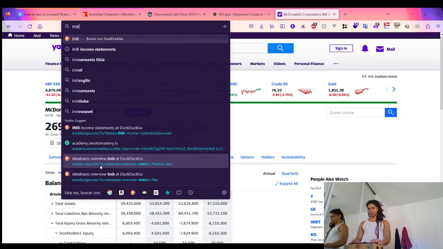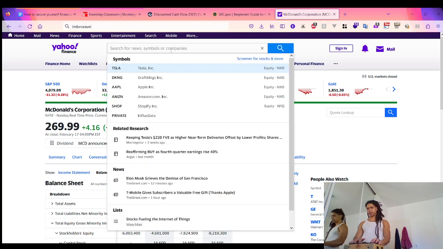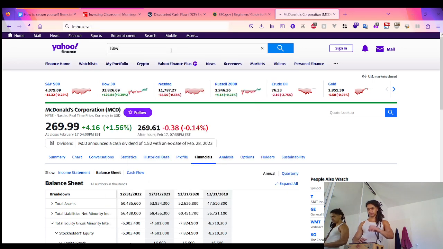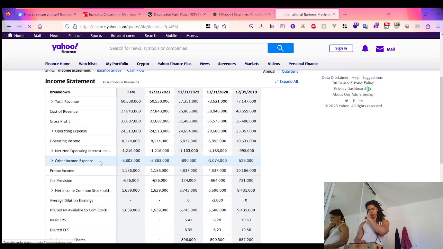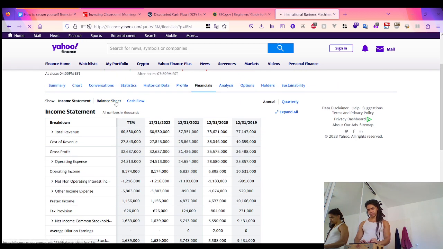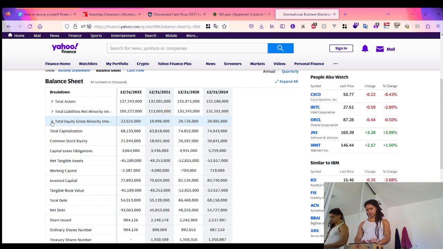When I look at IBM, I think they did that. IBM financials, balance sheets.